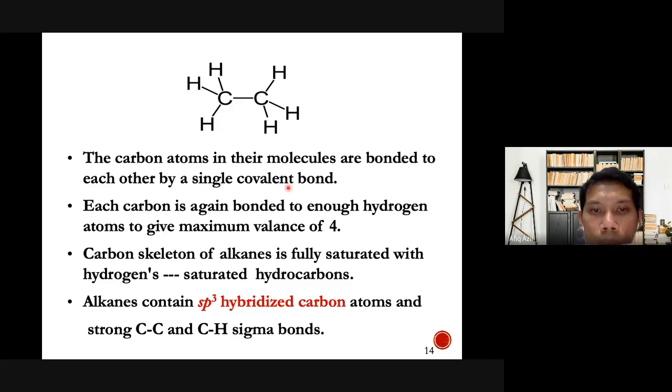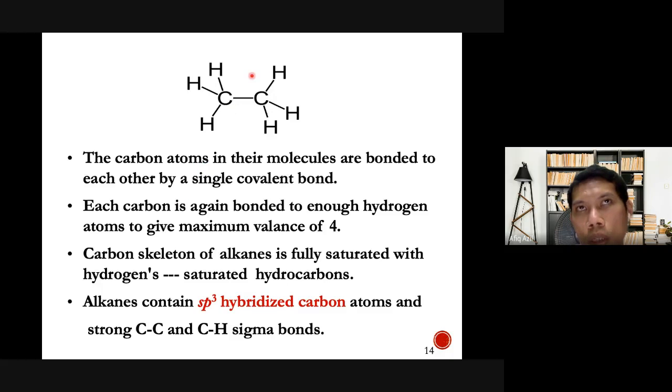The maximum number of bonds a carbon can have is 4, due to valence, and the alkanes contain sp3 hybridized carbon, which is in the second slide that I showed earlier. That is the representation for the hybridization. The carbon-carbon bonds and carbon-hydrogen bonds are quite strong, so a large amount of energy is needed to break them.